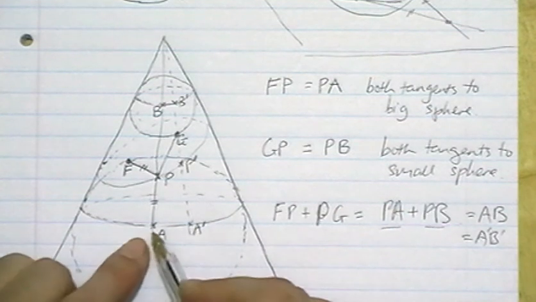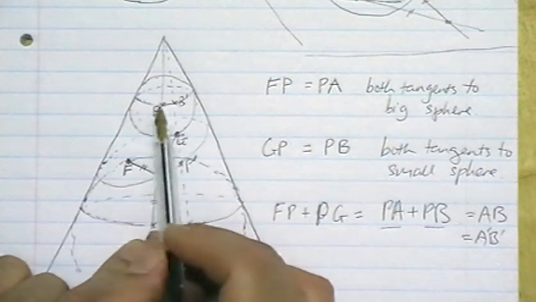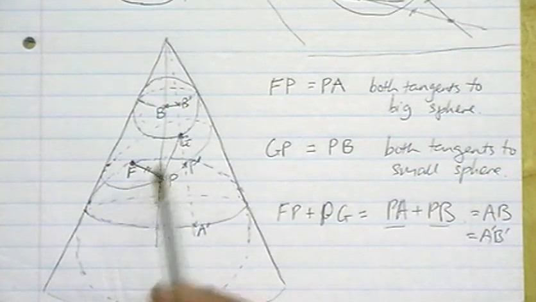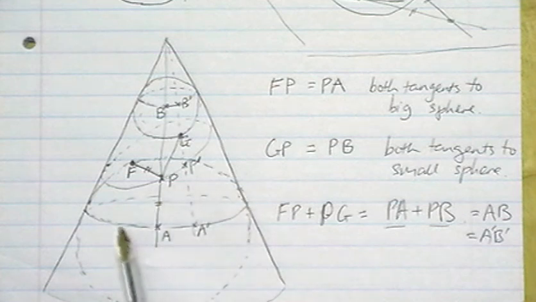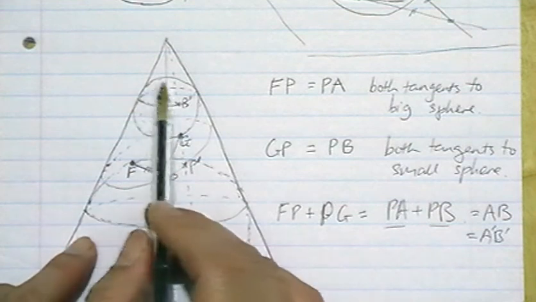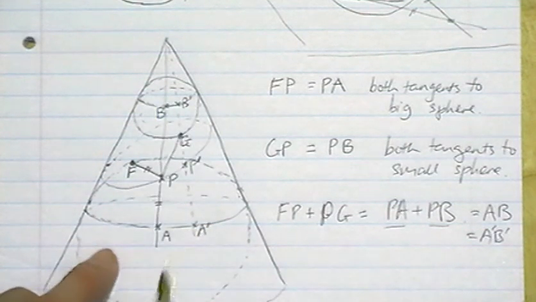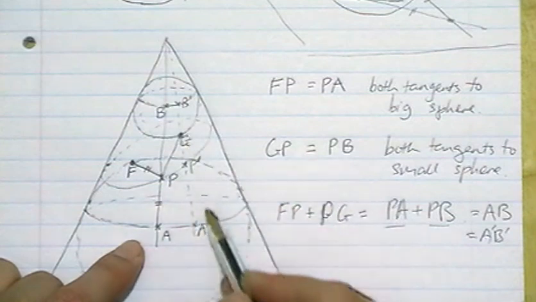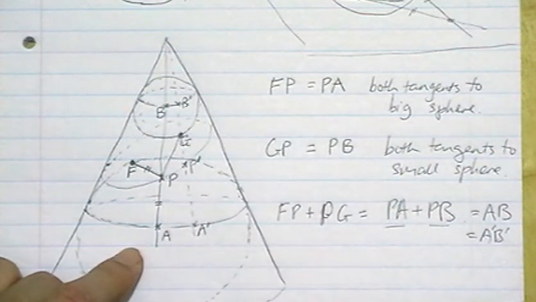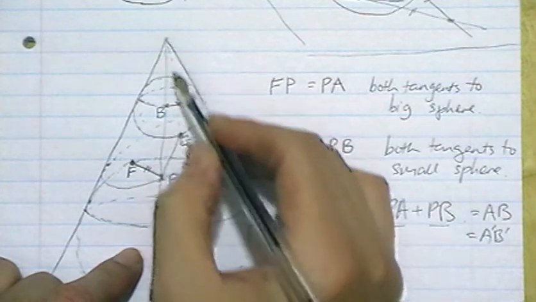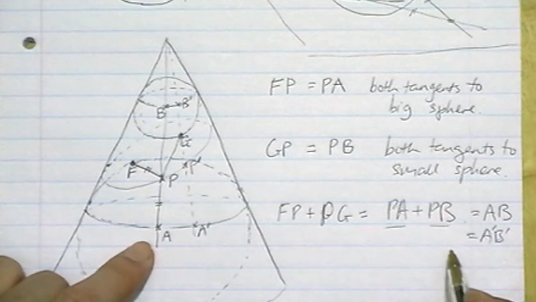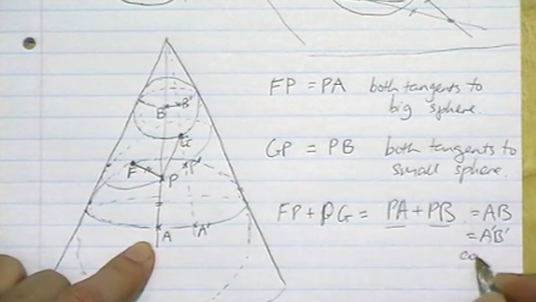It should be the same as the distance from A to B, because where the two spheres touch the cone, these two circles are horizontal circles. So the distances would be the same, whether along this side of the cone or along that side. So we have just shown that this is a constant.